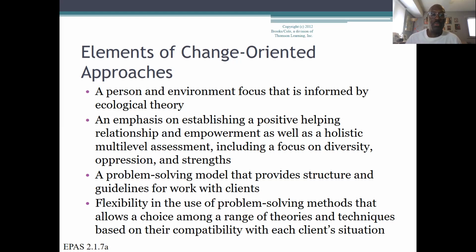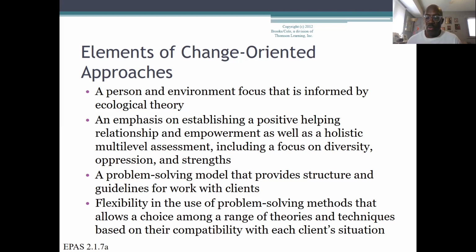So that's a really important piece. It also needs to really include a focus on diversity and oppression, and also looking at relationships and empowerment. So it's about really trying to tailor an approach to the folks that you are actually serving, what's going to work best for them.